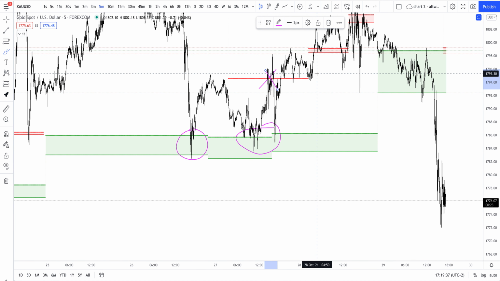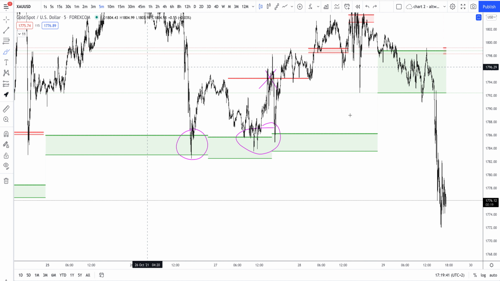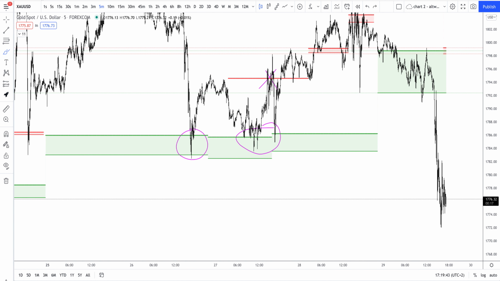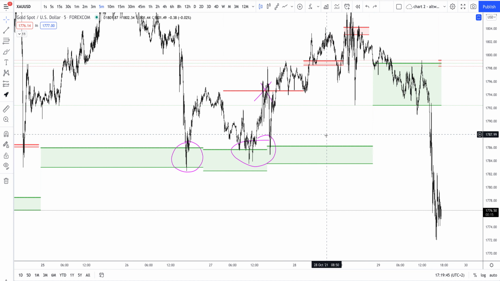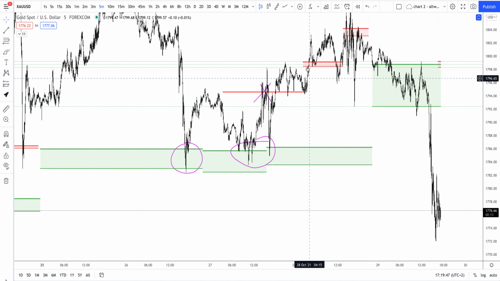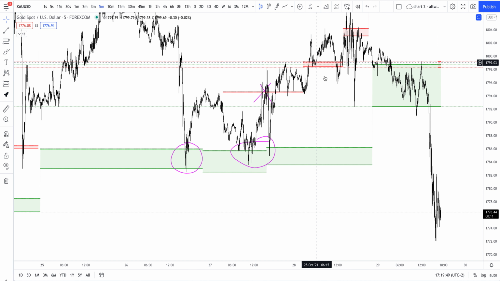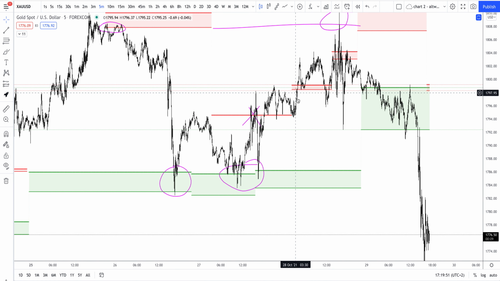In this case, you can see that this supply zone was just flipped as support, as demand. Price broke.